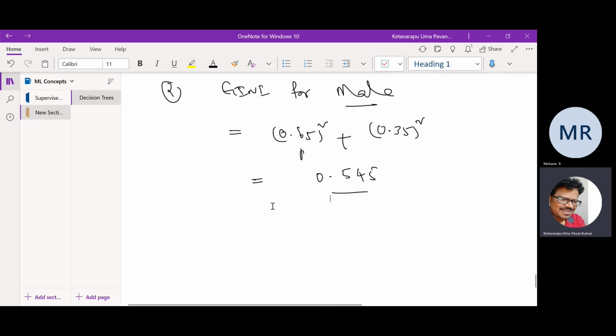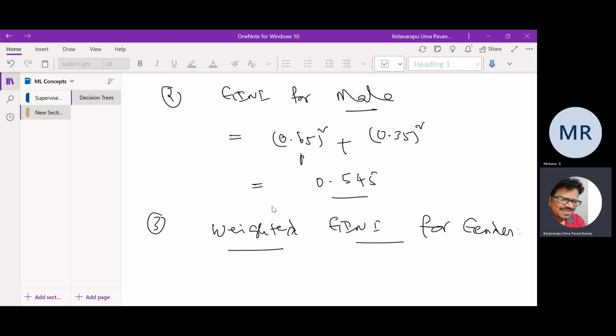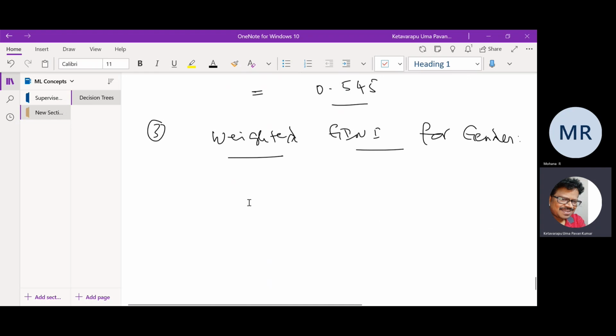The third point is we have to compute the weighted Gini, the weighted Gini for gender. Now, for this particular thing, friends, there is a simple thing again. What does the weighted Gini mean? What is the total strength, friends? 30.